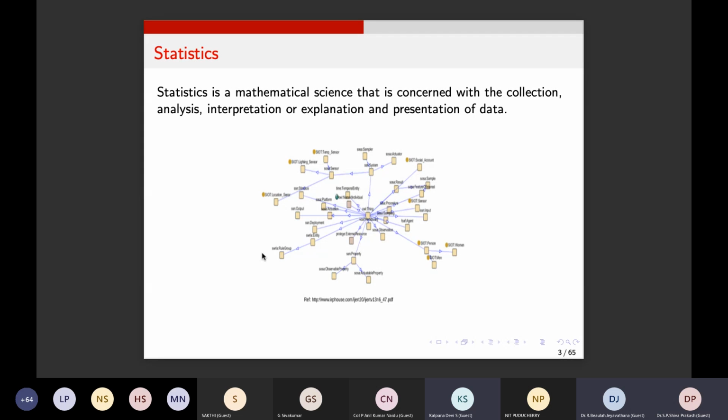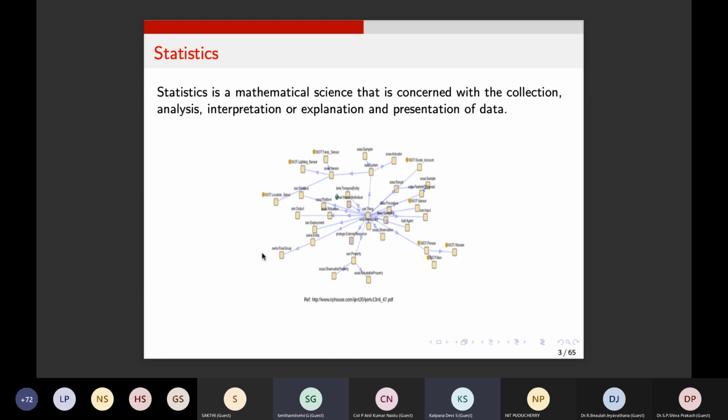So if you look into this SIoT based data generation, there are n number of sensors here, like temperature sensors, you have a sampler, you have an actuator, there is something like a social account, or somewhere you have a set of persons involved in this, okay, or some property, there are some lighting sensors or a location sensor, right? Now these data will generate different categories of data, in fact.